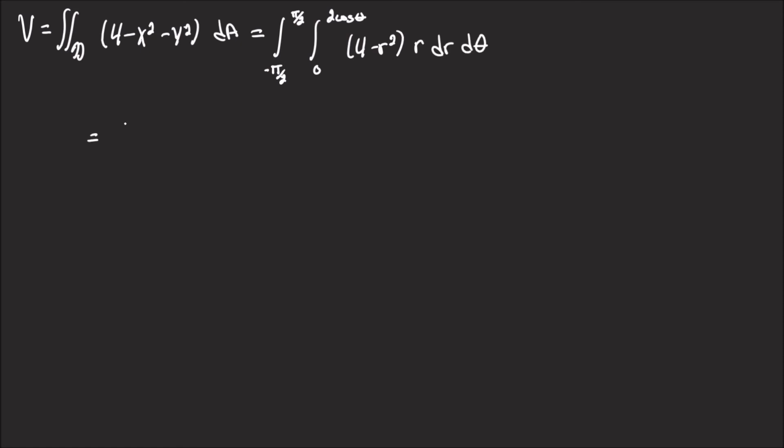So we get the integral from minus pi over 2 to pi over 2 of 4r minus r cubed dr d theta, integral from 0 to 2 cosine of theta.